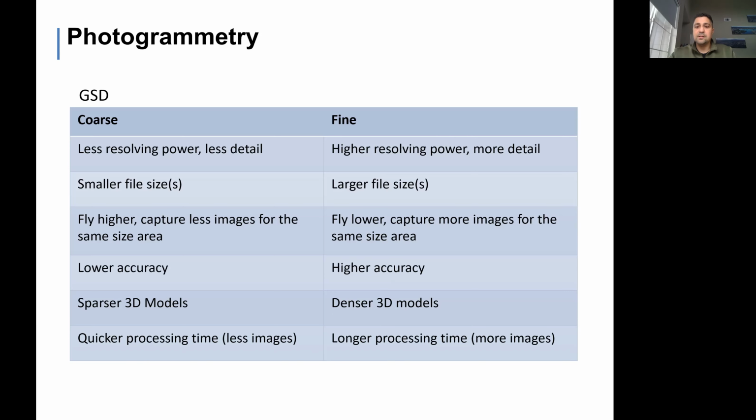But the downside is you're talking longer processing times for more images as opposed to faster processing times. So these are the give and takes that exist between these different classifications of GSD. And again, I'm not saying it's always going to be a coarse versus fine example, or always 25 versus 2.5, just showing these ends of the spectrum per se, right?